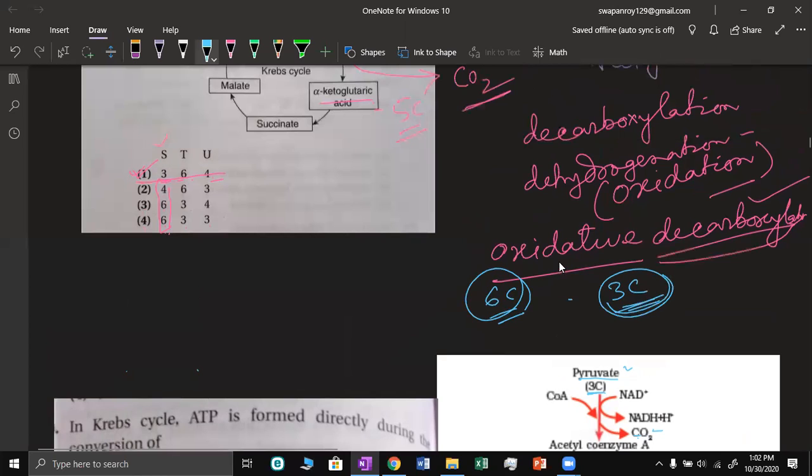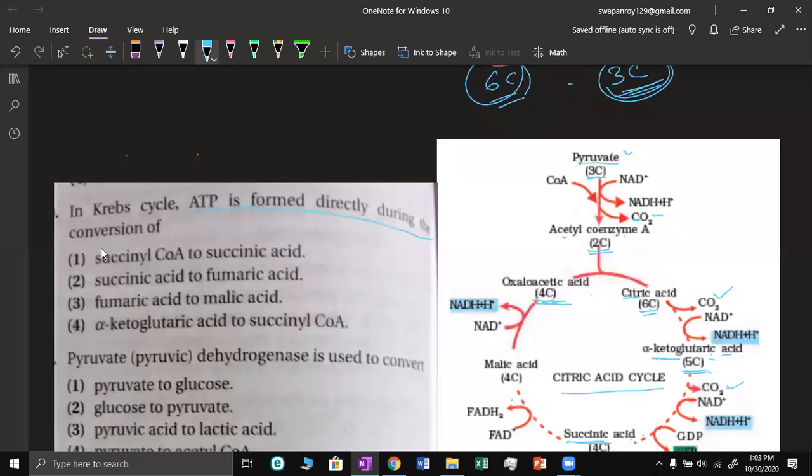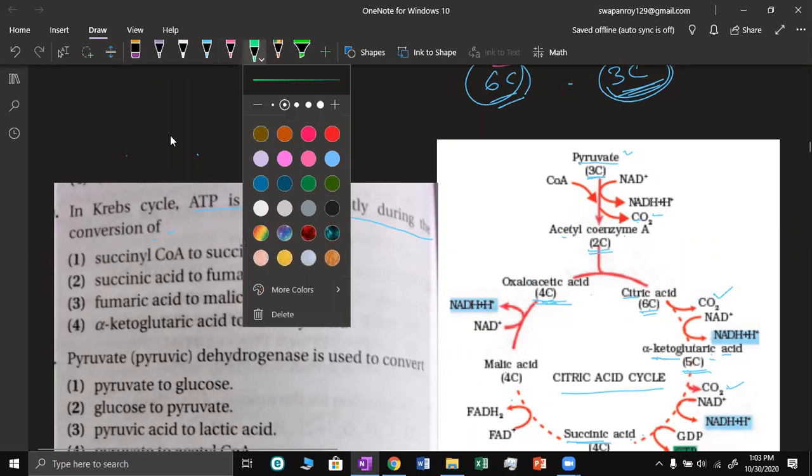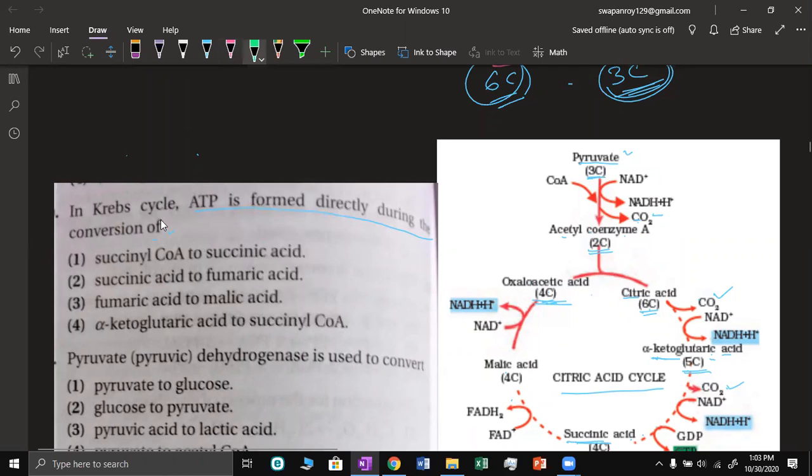Okay. Next, come to the next question. In Krebs cycle, ATP is formed directly during the conversion of what?